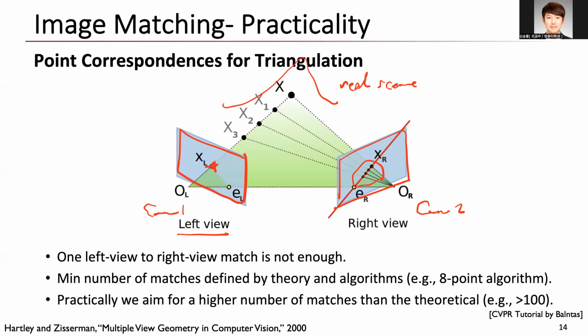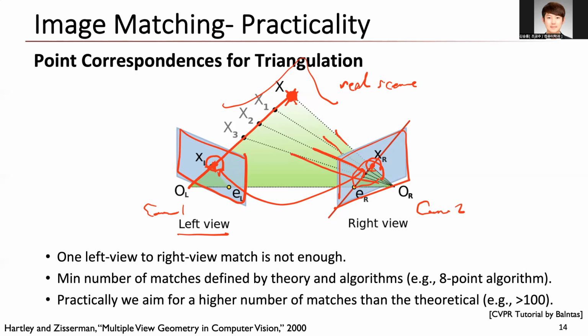If we draw the lines from the left view image and the right view image, like this, and the real point was here, then this pixel in the right image should have the same appearance as this point. In other words, if we can establish that this one is similar to this one, then we can recover the real 3D point in the real world.